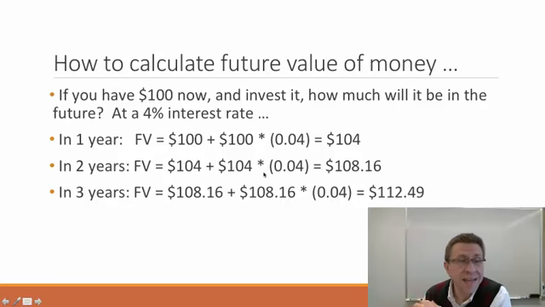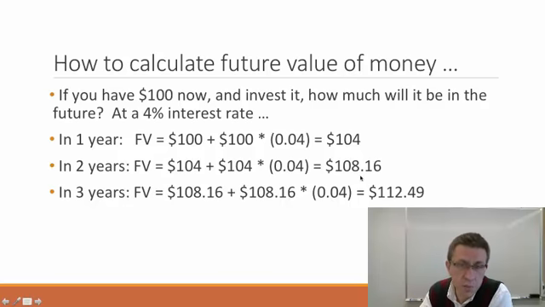So we will expect at the end of year two we should have more interest received than just $4. We received $4 worth of interest in year one, but now our 4% interest rate is applied to $104. So we should expect a little bit more than $4 interest in year two, and indeed we do. We start year two with 104.